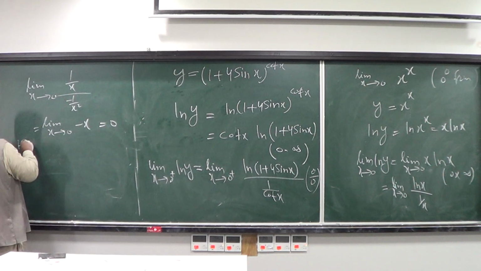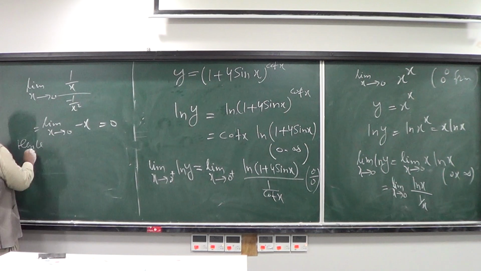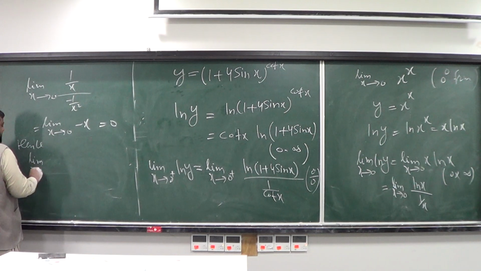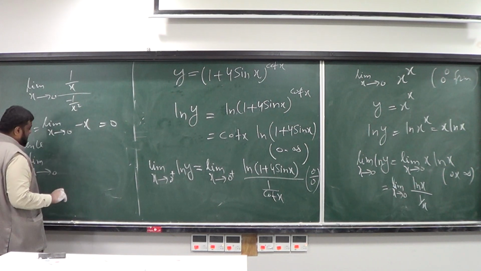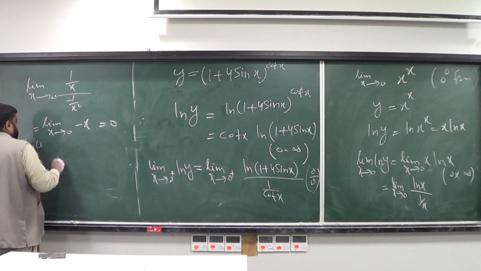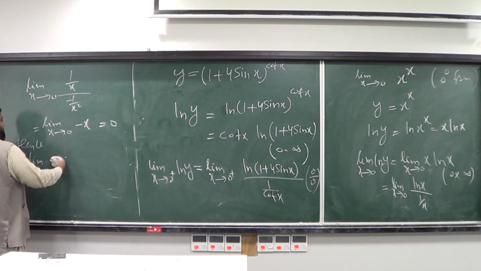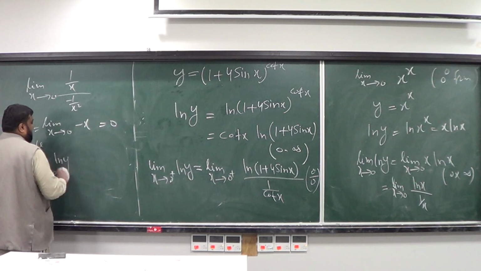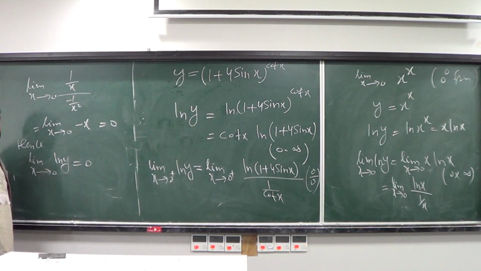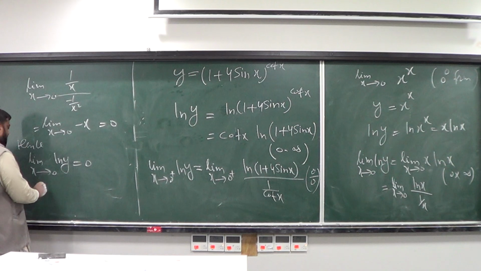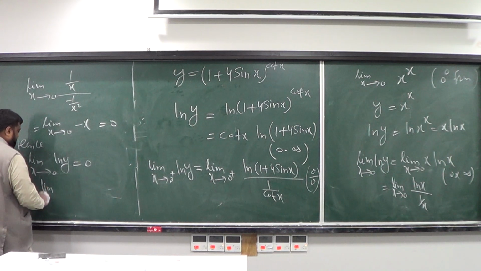Hence, this is not our required limit. What we computed is limit x goes to 0 of log y equal to 0. And we want the limit for y, not log y. So what you can do is take the exponential, take the anti-log.